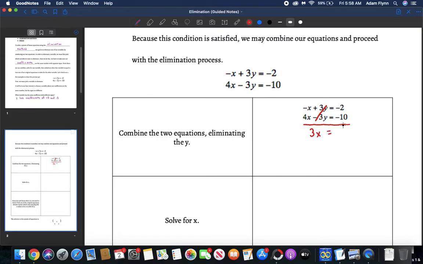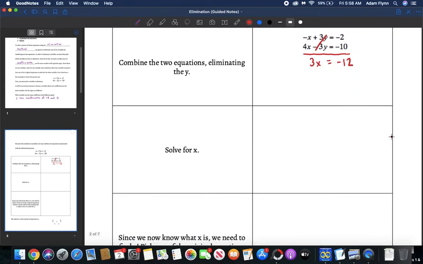Equals negative 2 and a negative 10. Okay? Because this 10 is negative down here, the operation depends on the sign of the bottom number. So because it is negative, I will do negative 2 minus 10, which is negative 12. From here, I can solve for x because I only have one variable.